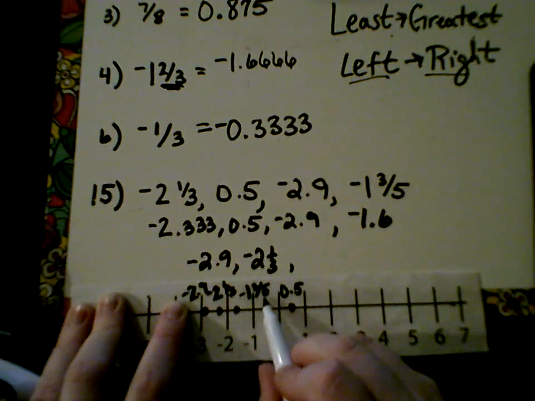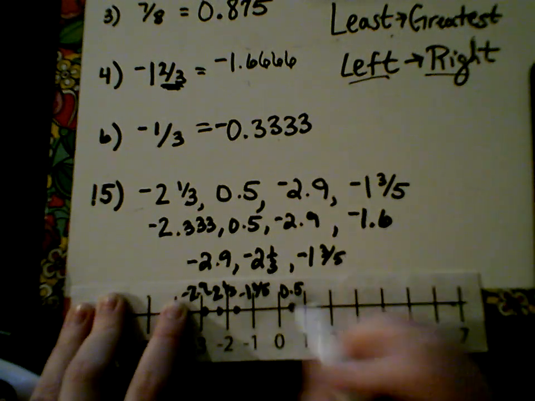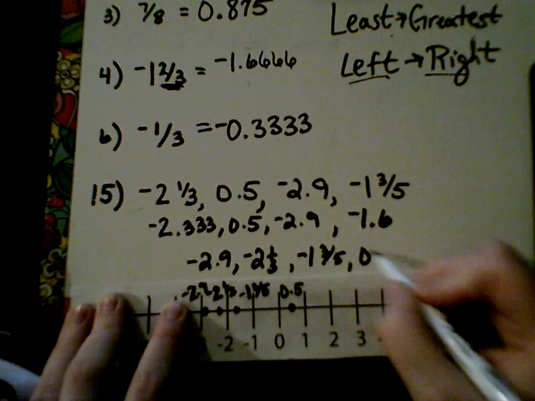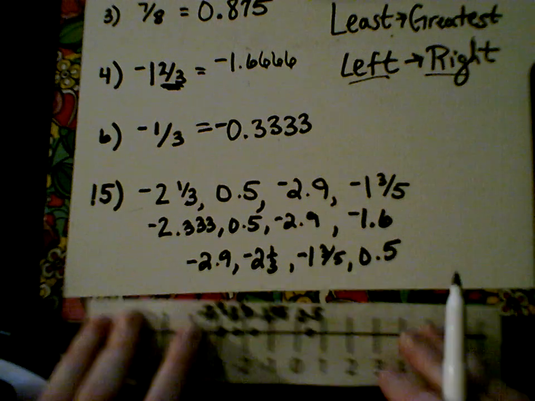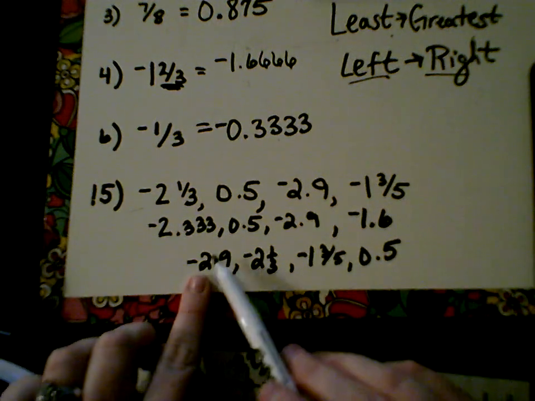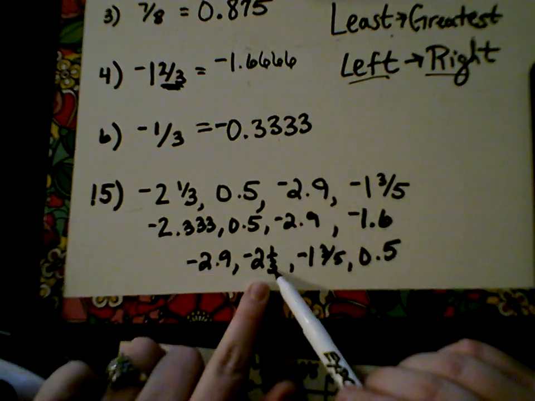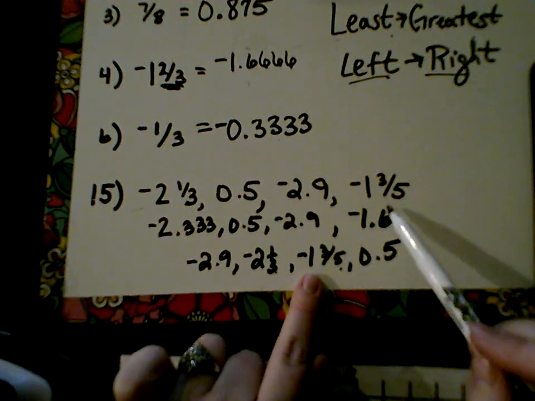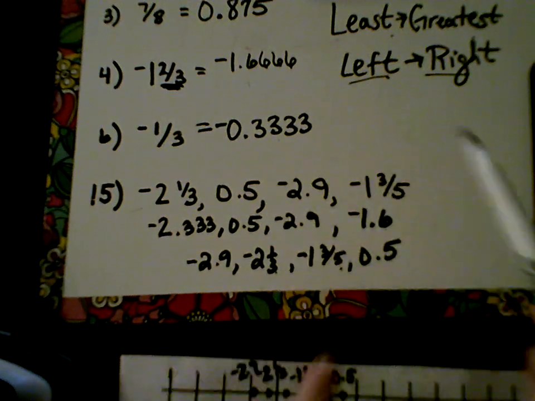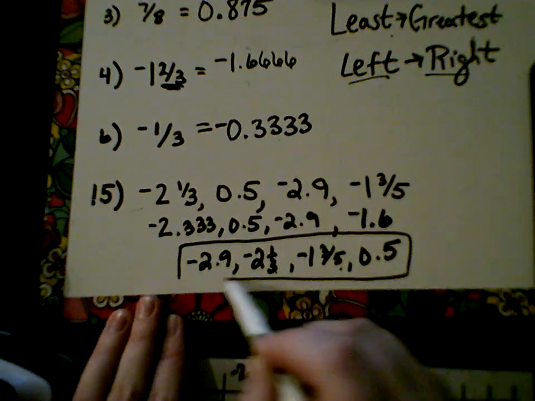Then I have -1 and 3/5. And finally, I have 1/2. Okay, so I'm going to double check, make sure I wrote everything the original way I was given. Okay, I have. So this is my final answer right here.